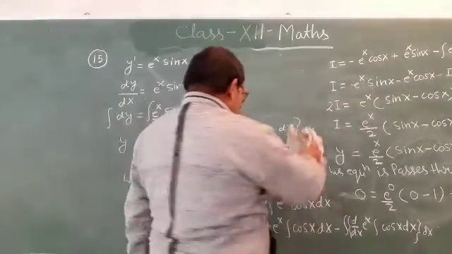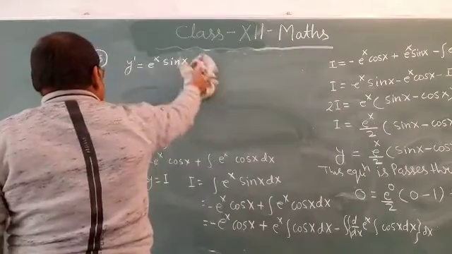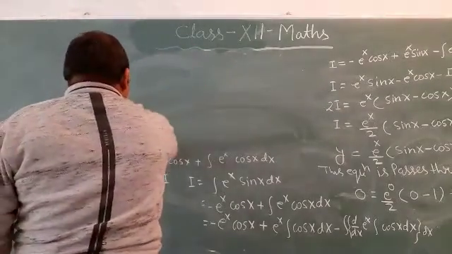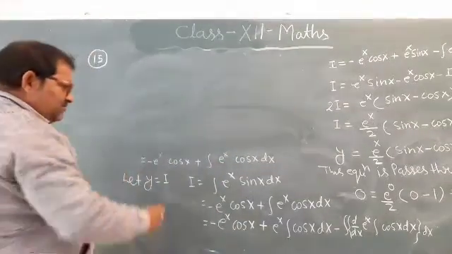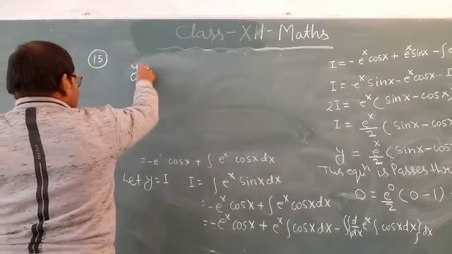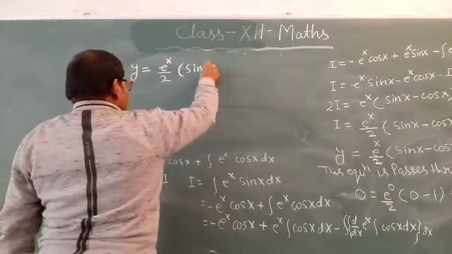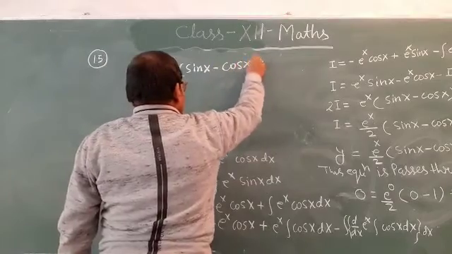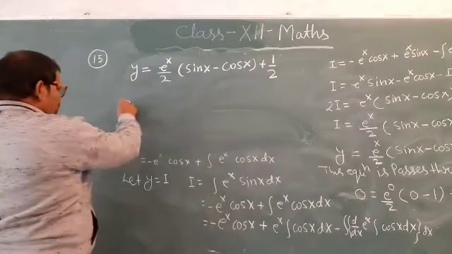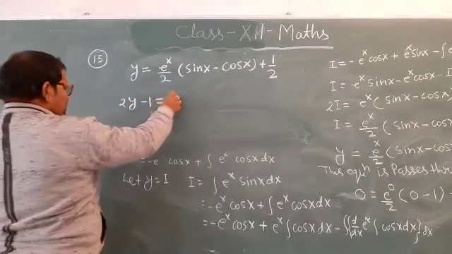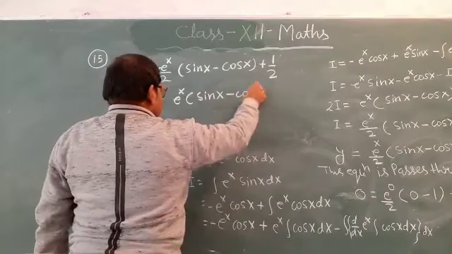Putting the value of c in the given equation, y equals e^x/2 (sin x minus cos x) plus 1/2, and 2y minus 1 equals e^x (sin x minus cos x).